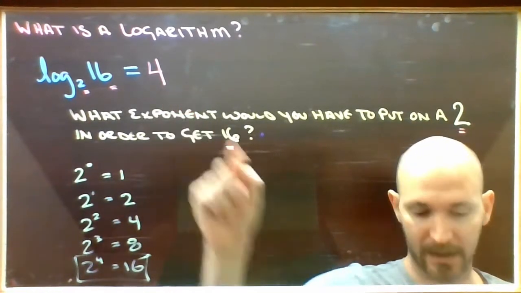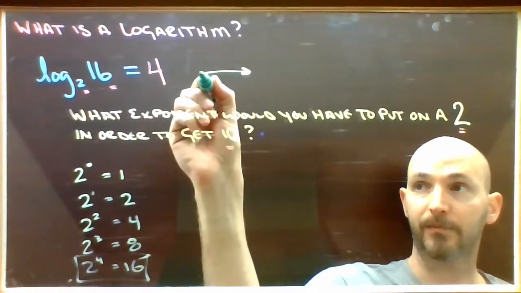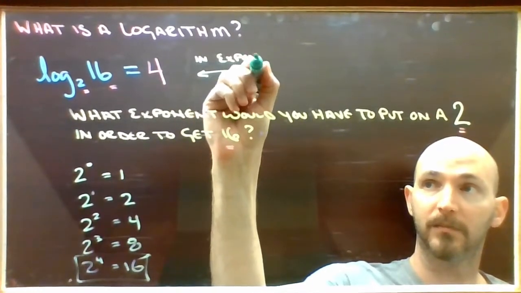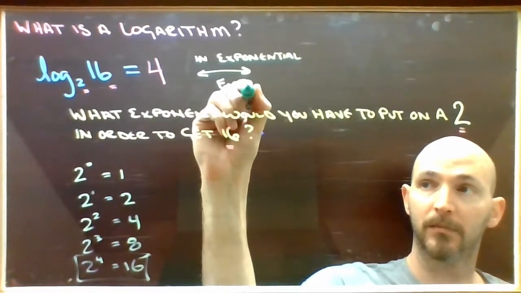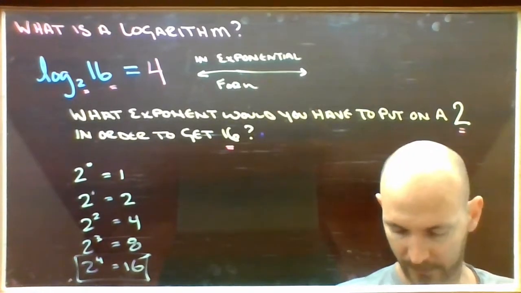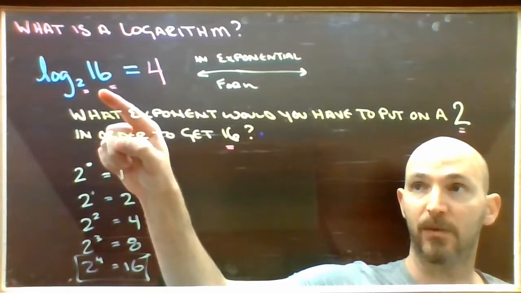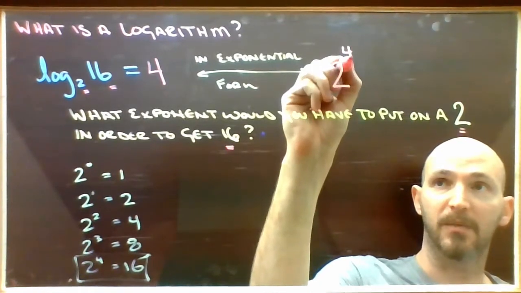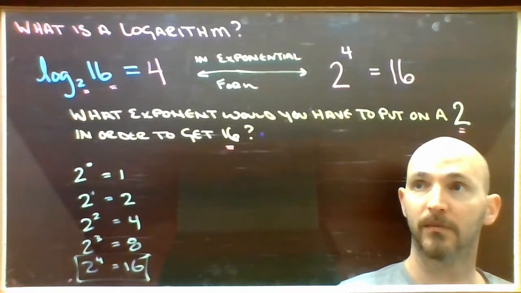So this one, if I were to reinterpret it in exponential form, maybe make the arrow a little longer there, says 2 to this exponent equals that number. Lovely.